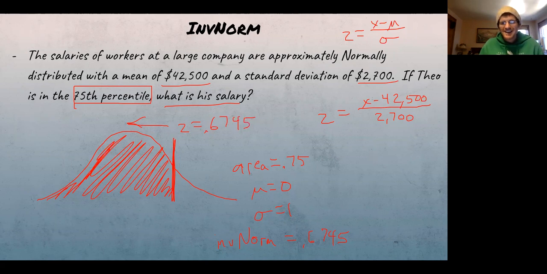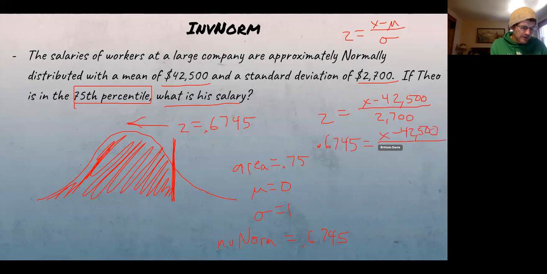So at this point, I can actually plug that into my equation that I set up. I'm done with the calculator except to do the multiplication and stuff, but I don't need to do any other fancy functions with this. Now I'm going to substitute that in. 0.6745 is the z-score. X minus 42,500, and then 2,700 right here. And now it's just an algebraic equation. You know, we can solve that.